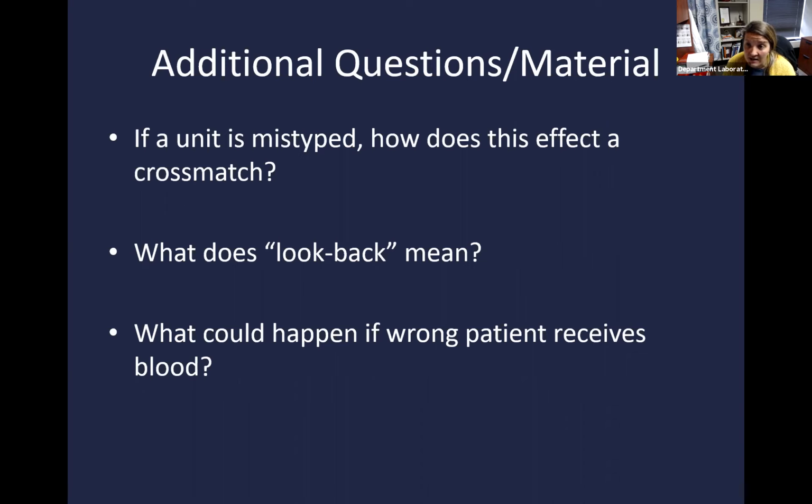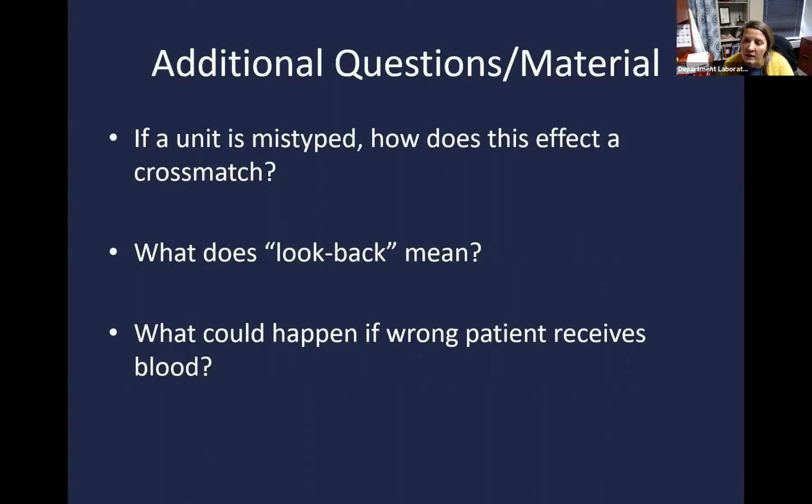That will cause a 4+ reaction at initial spin, all right? So anytime you have a mistyped unit or ABO incompatibility between your donor and your recipient, our cross-matching results will be very strong positive, okay? Those IgM antibodies are immediately going to attack those donor cells in a cross-match.